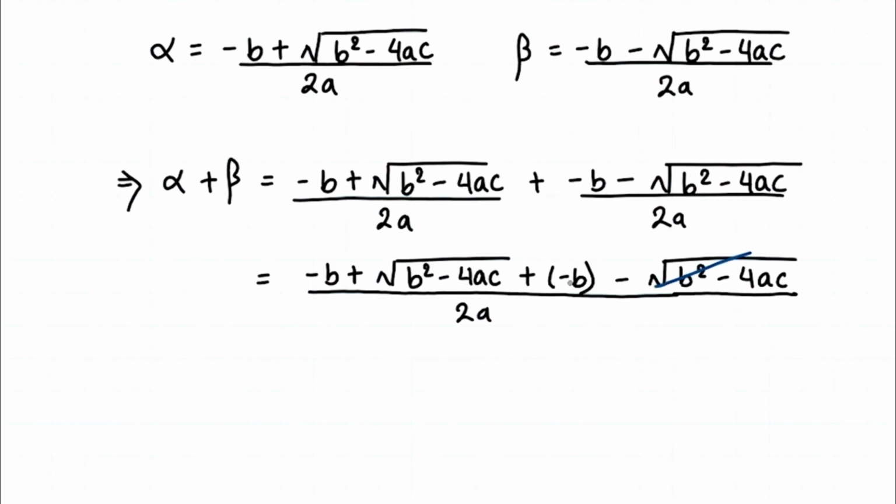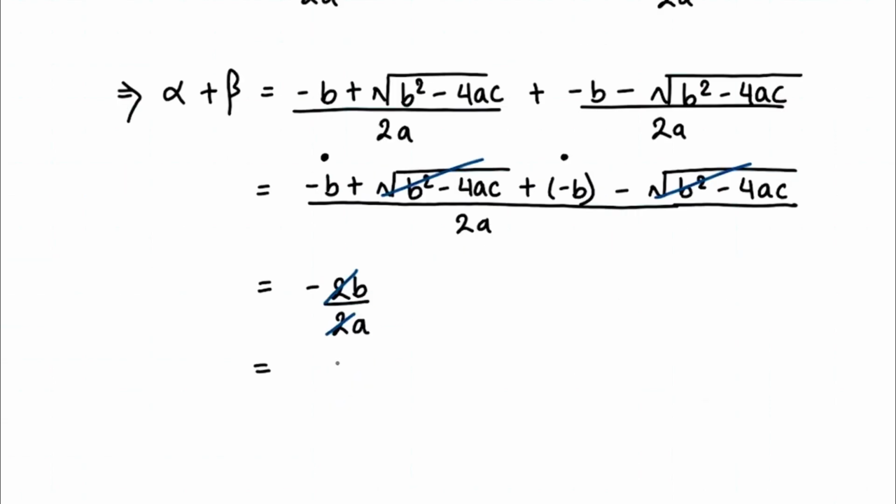Now we can easily cancel these two square roots of b square minus 4ac, because it's plus and minus, which is 0. And then we have our minus b over here and minus b over here, right? So minus b minus b is equal to minus 2b, divided by our 2a over here. Again, we can cancel these two 2's, right? And then we get our answer, which is minus b divided by a, right?